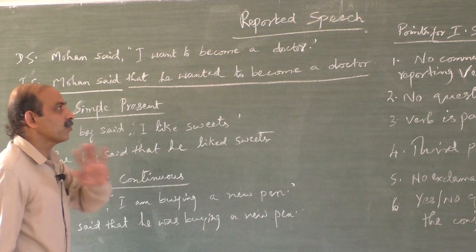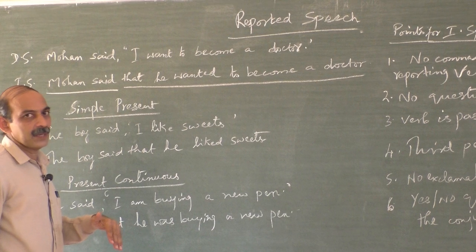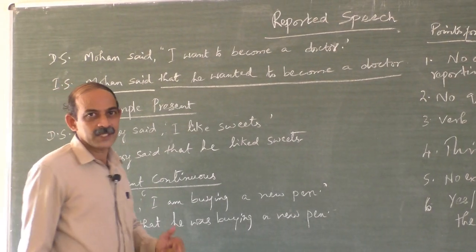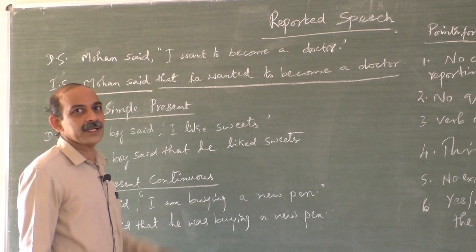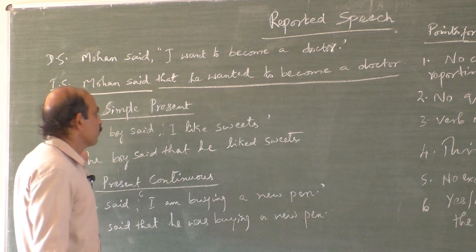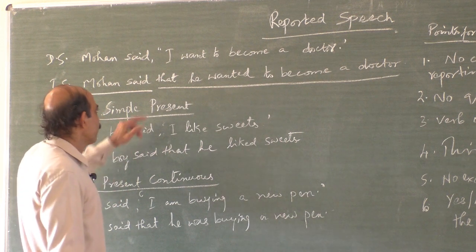The reporting verb is not always said in all conditions, because there are different types of sentences: statements, yes or no questions, WH questions, imperative sentences and exclamatory sentences, and that is why it is not always said. Please understand this fact very carefully.